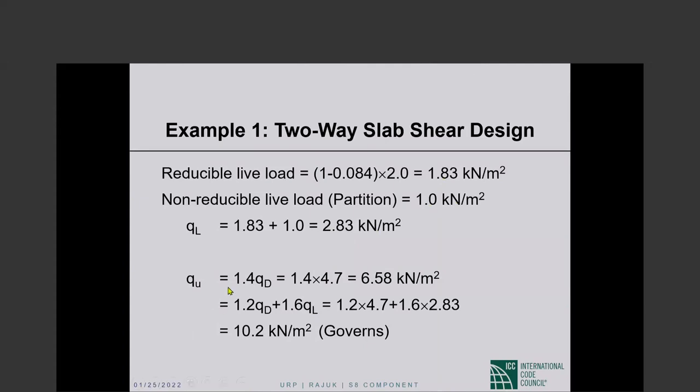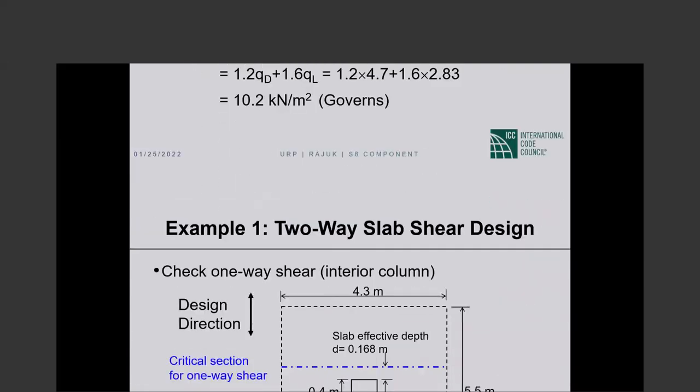So by the 1.2 D plus 1.6 L load combination, q sub u is 6.58 kilonewton per square meter. The only other load combination that applies when loads are due to gravity only gives us 10.2 kilonewton per square meter. The larger one governs, so it is 10.2 kilonewton per square meter.